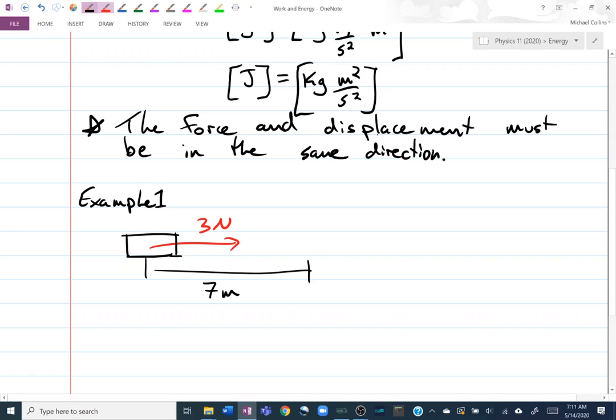So notice how my displacement is parallel to my force, which means I can just do work is equal to F times D. Work is equal to force times displacement. My work is equal to 3 newtons times 7 meters. So my work is equal to 21 joules.